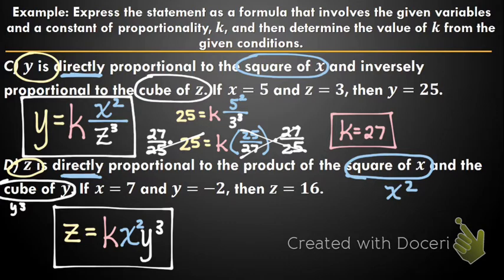What are we subbing in to find k? 16 for Z. And then I have k, and then what? Negative 2 squared and 7 cubed. Are we sure about this? 7 squared and negative 2 cubed. Why 7 squared?